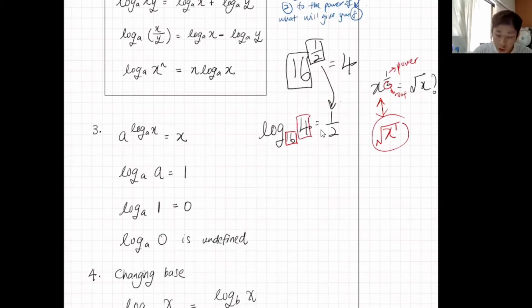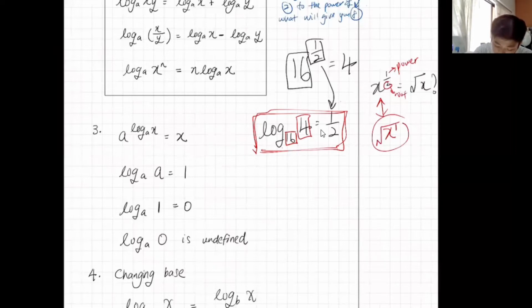Then I told you not to forget, when you see a question like this, you must know how to interpret them. What does it mean by this? For example, if they give you only this statement, log base 16, 4 equals half, what does it mean? I want you to be able to tell yourself, go one by one.